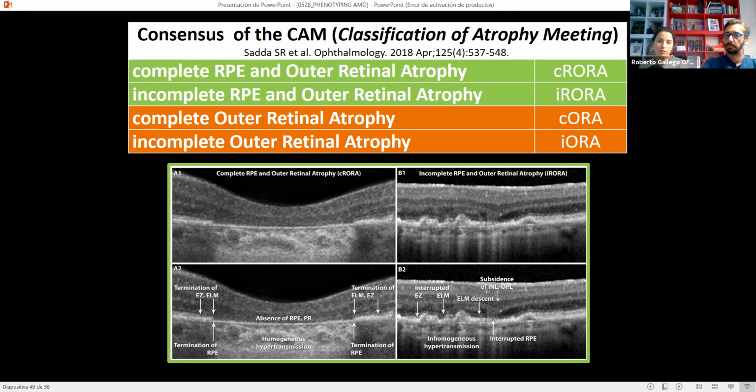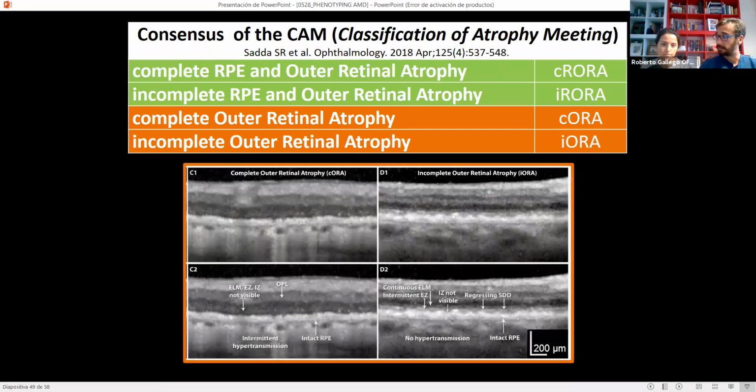And if we describe the OCT features, we should say complete outer retinal atrophy, so complete RORA, if it's more than 250 microns, or incomplete if it's less.